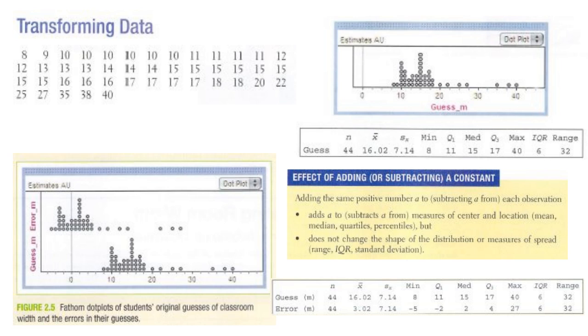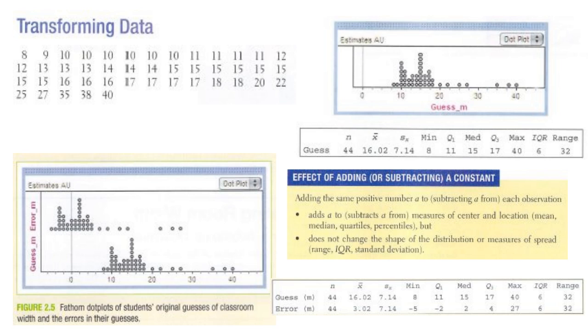So occasionally we'll need to do what's called transforming data. When we transform data, we're manipulating the entire data set by a constant, whether that's adding a constant, subtracting a constant, multiplying, or dividing by a constant. An easy example would be, for instance, let's say we had a bunch of data measured in Fahrenheit in a science class. Well, in science class, we use Celsius for temperature.